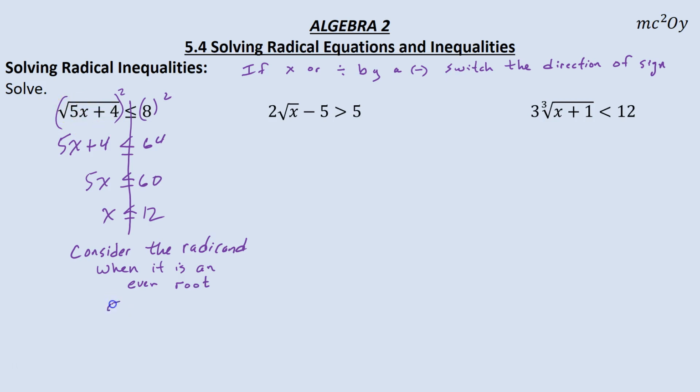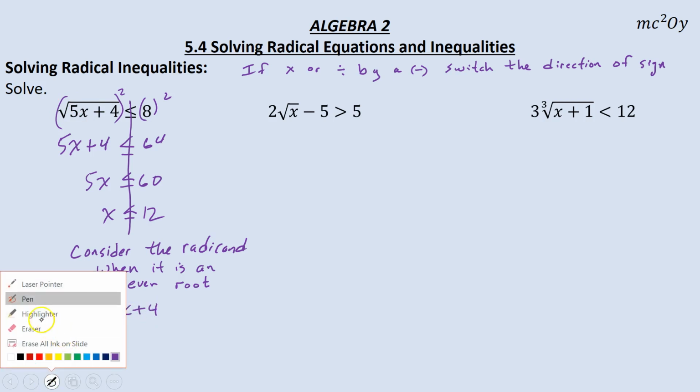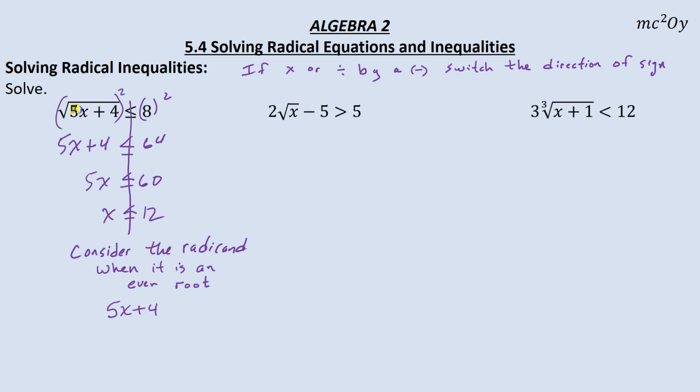That means 5x plus 4, the thing inside the root, cannot be negative. If it cannot be negative, it has to be greater than or equal to 0. It could actually be 0, but it can't be any less than 0.